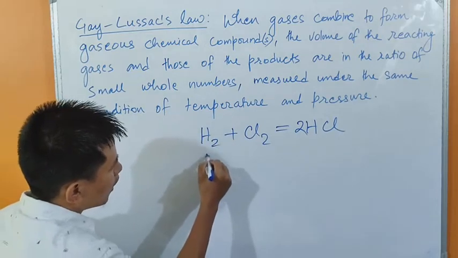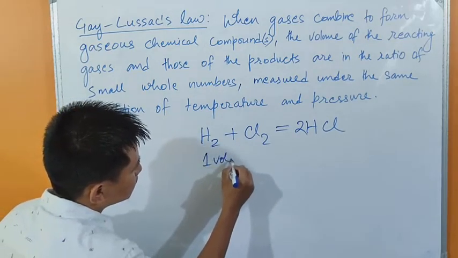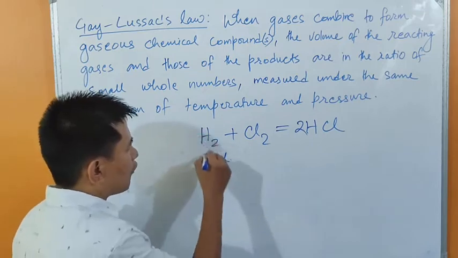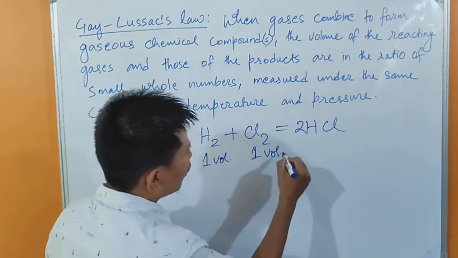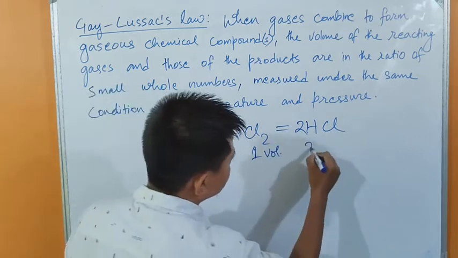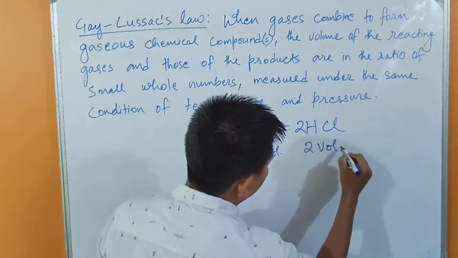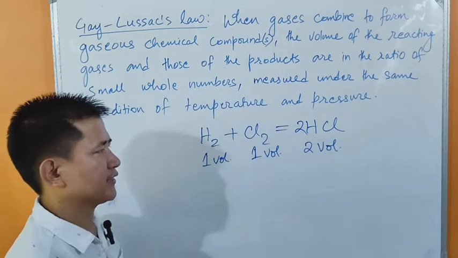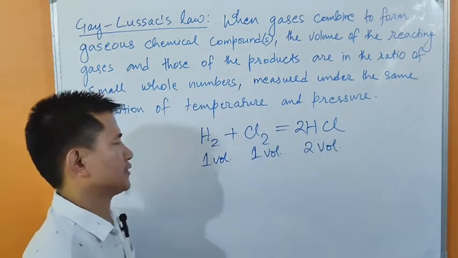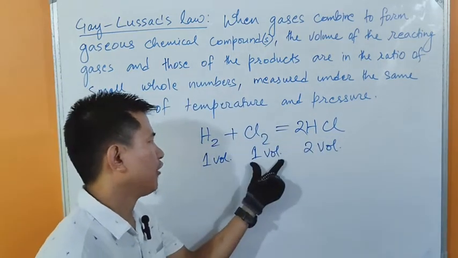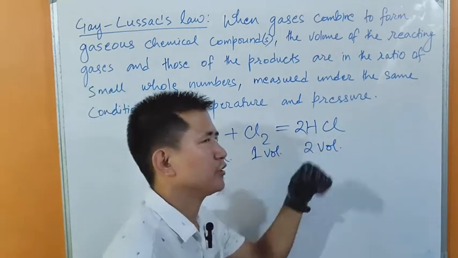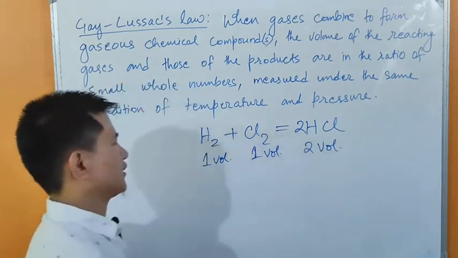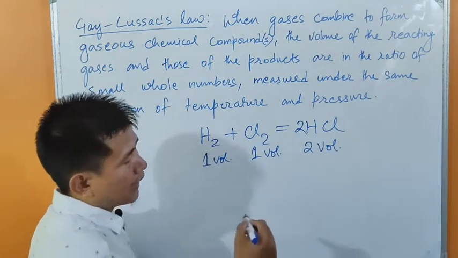Okay, 1 volume of hydrogen reacts with 1 volume of chlorine to produce 2 volumes of hydrochloric acid or HCl gas.